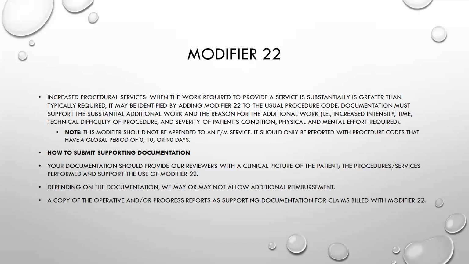But your provider spends 35 minutes because he was having trouble getting through the vessel or moving across the aortic valve. Just because it took him a little bit more work doesn't necessarily mean it's going to constitute appending a 22 modifier. Or there are other circumstances specific to cardiology, because that's my major specialty, where a provider may have some issues with a PCI and they want to bill a 22.